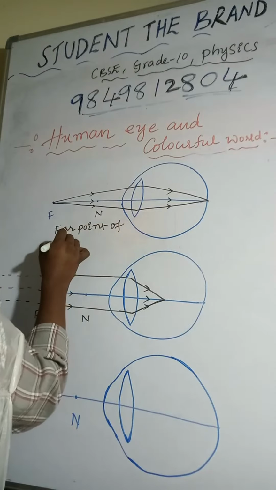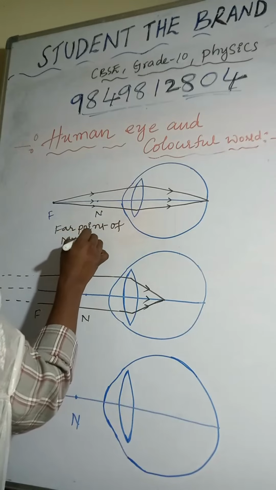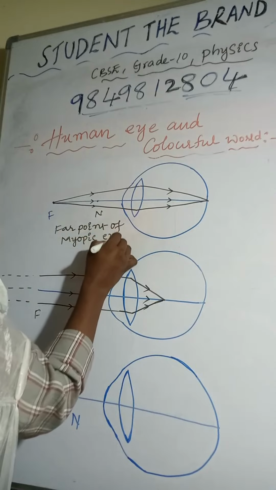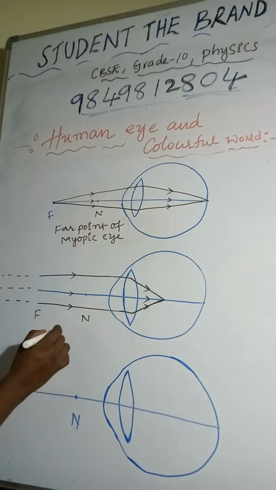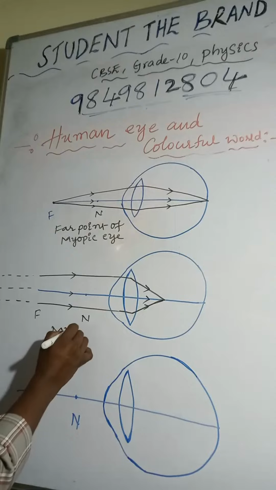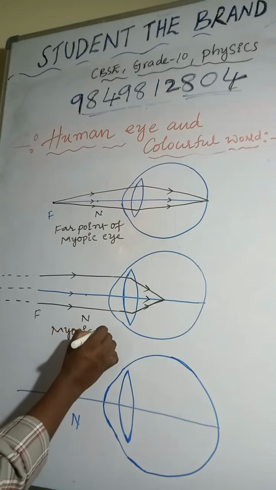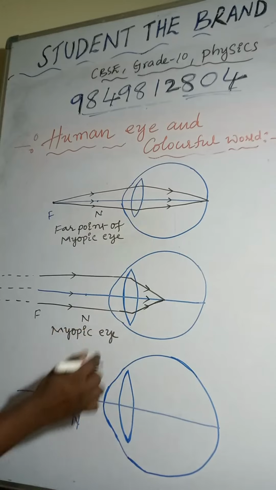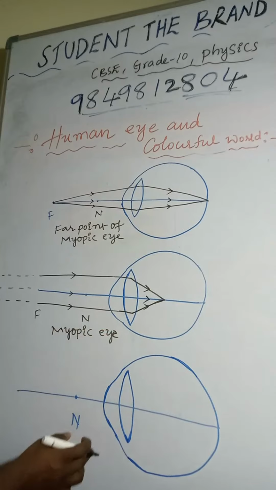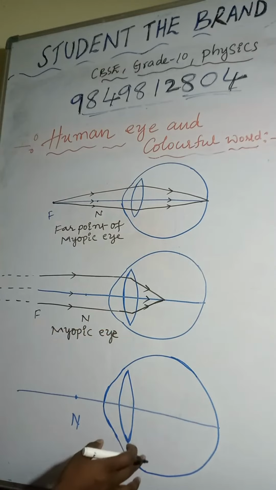Far point of myopic eye. So this is the myopic eye. And this one is the correction of myopia.